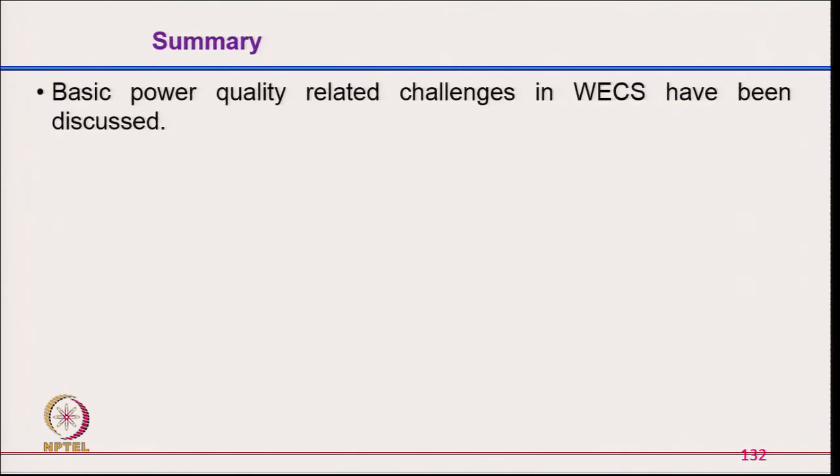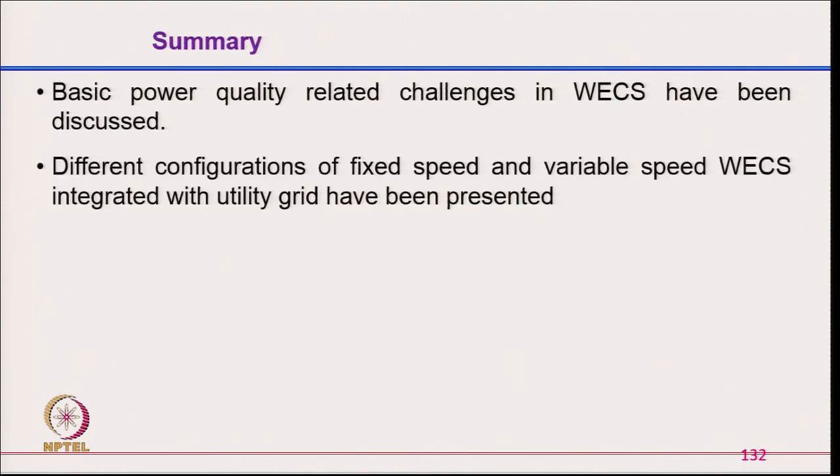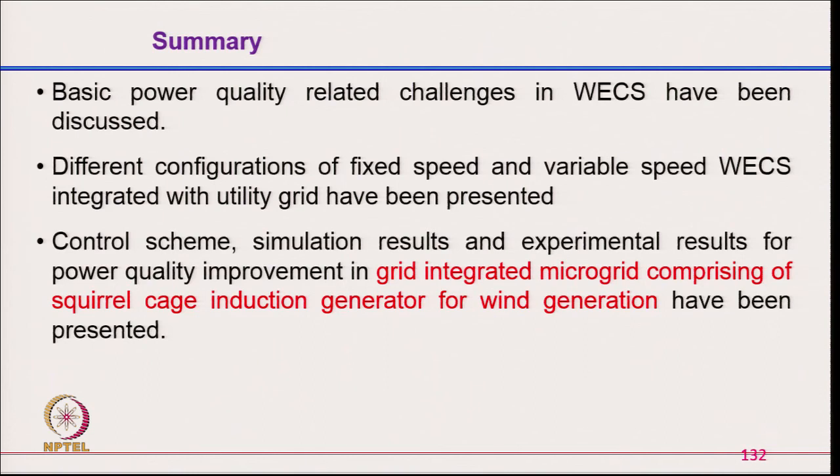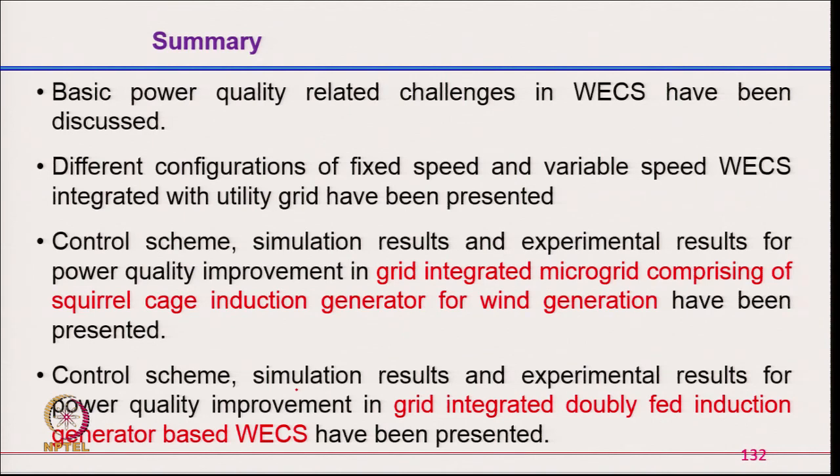So, now coming to summarize the wind energy conversion system. Basic power quality related issues in wind energy conversion systems have been discussed, and different configurations of fixed speed and variable speed wind generation systems integrated with the utility grid have been presented. Control scheme, simulation results and experimental results of power quality improvement in a grid integrated system comprising the SCIG wind energy generator have been presented, and control scheme, simulation results and experimental results for power quality improvement in a grid integrated DFIG based system have been presented.